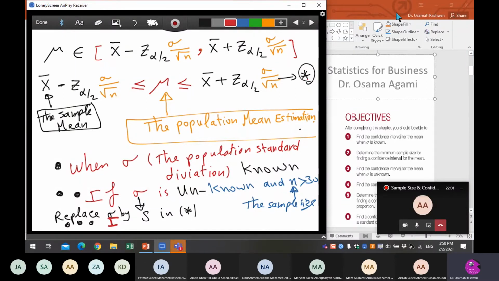If sigma is unknown and n is less than 30, replace z by t. What is t? The t distribution or the student distribution.